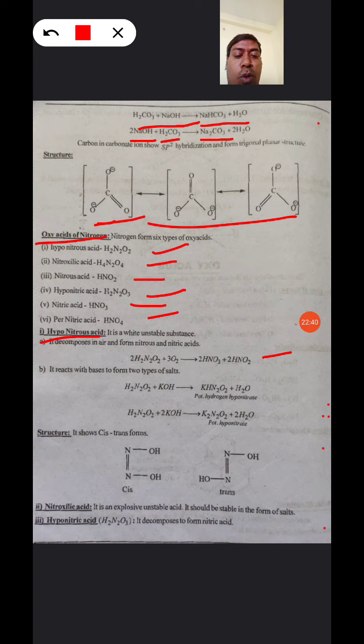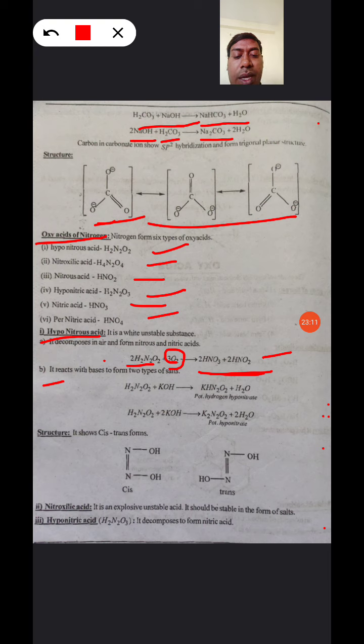Here 2 moles of H2N2O2, hyponitrous acid, decomposes in air: 2 moles of H2N2O2 react with 3 moles of oxygen and form 2 moles of HNO3, nitric acid, and 2 moles of HNO2, nitrous acid.